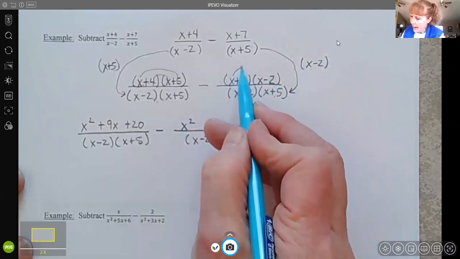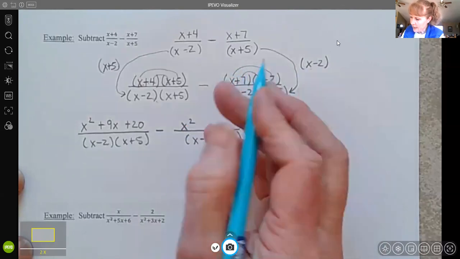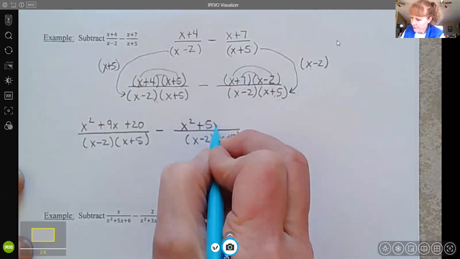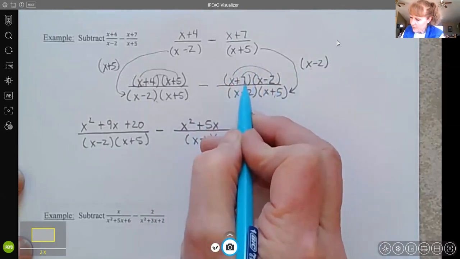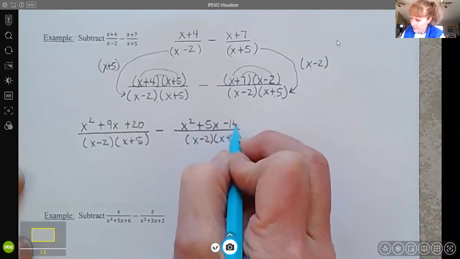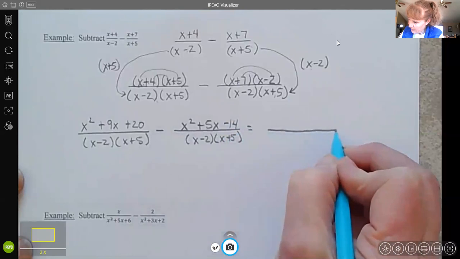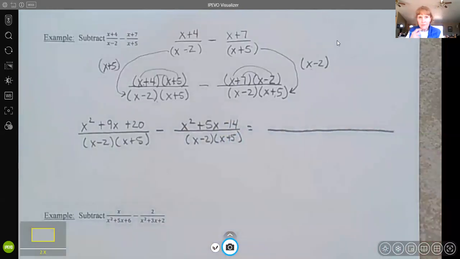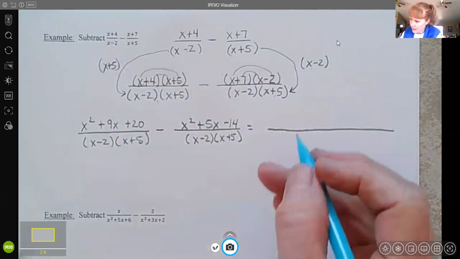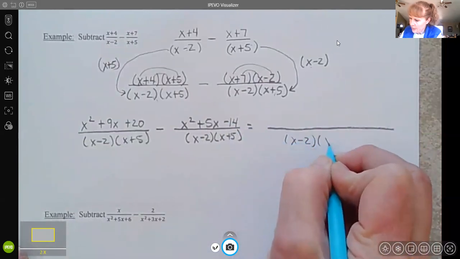Then I have a minus 2x and a positive 7x is 5x. 7 times a minus 2 is a minus 14. Okay, so now I multiplied those together and I have a common denominator. So I'm going to put those over the common denominator, x minus 2 times x plus 5.